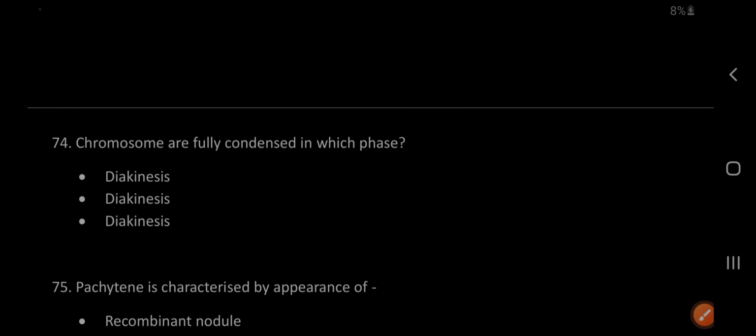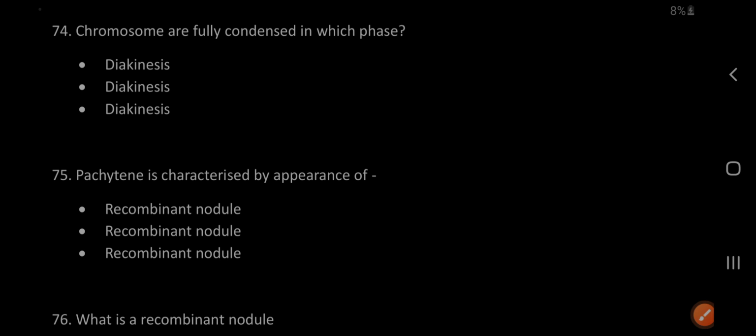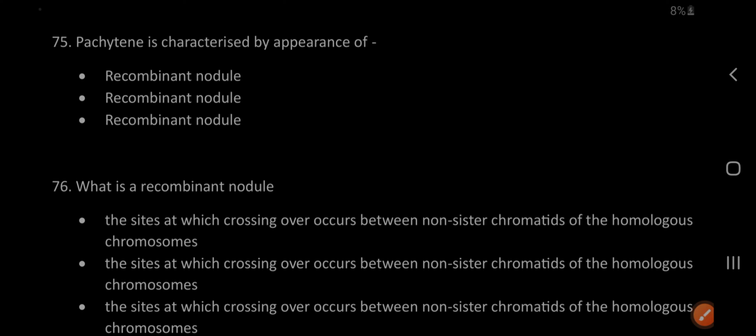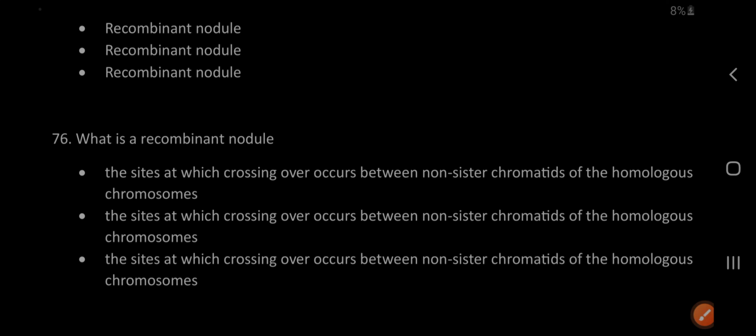Chromosomes are fully condensed in which phase? Diakinesis. Pachytene is characterized by appearance of recombination nodule. What is a recombination nodule?